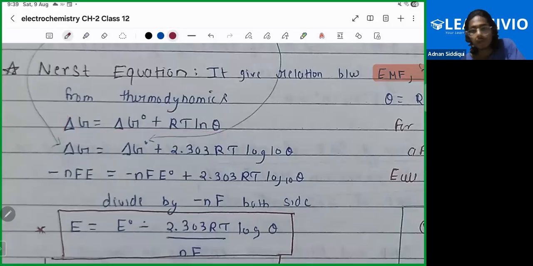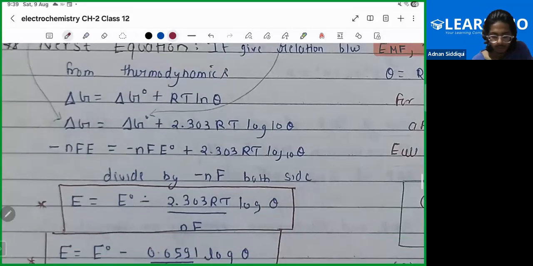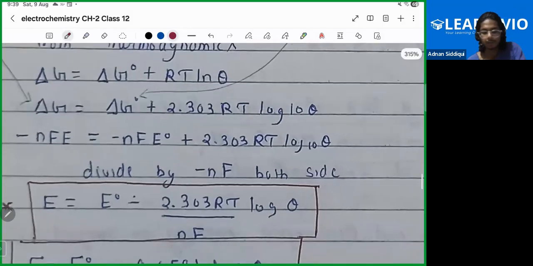So we have to start with this formula: delta G is equal to delta G naught plus RT natural log Q. If you have to replace natural log with log, what do you multiply it by? 2.303, right? ln is nothing but 2.303 log. Do you know this? Okay. What else can we do?